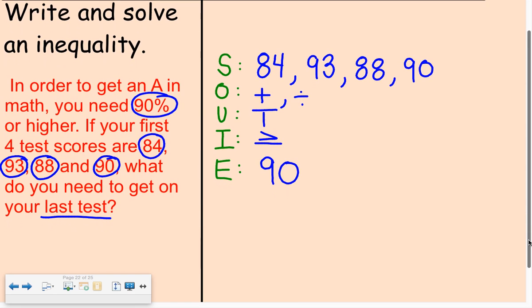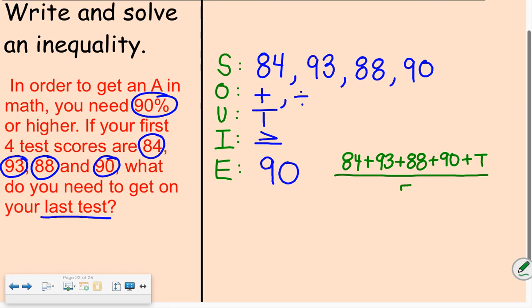So if I add up all my test scores, so 84 plus 93 plus 88 plus 90 plus my unknown score, my T, and then I divide them all. How many tests were there? 1, 2, 3, 4, 5 in all. That number has to be greater than or equal to 90.